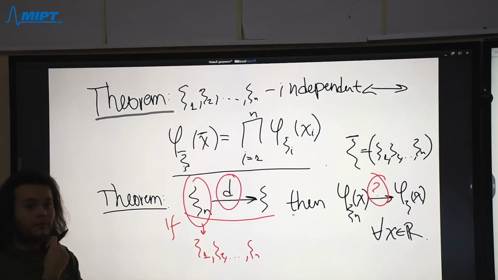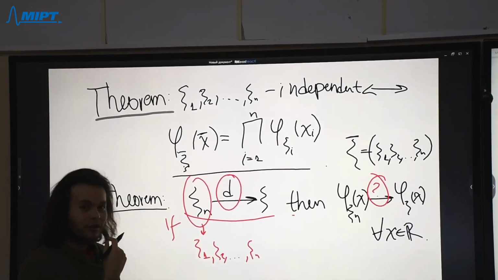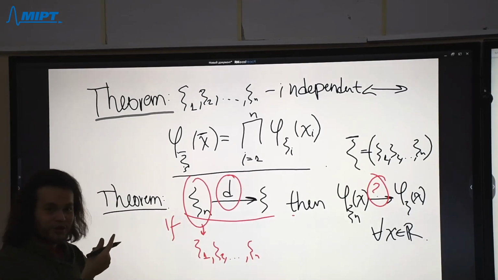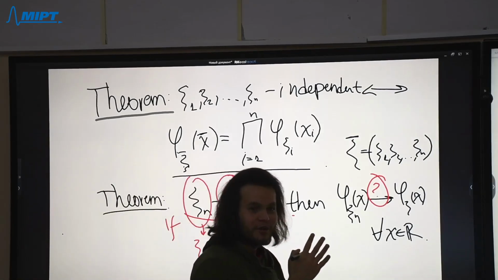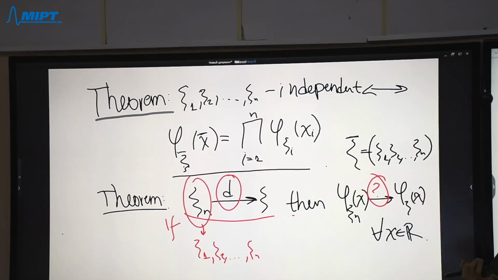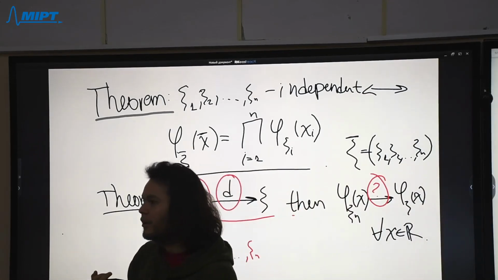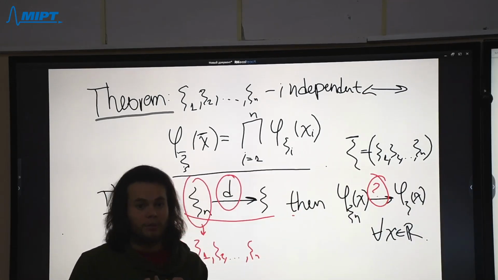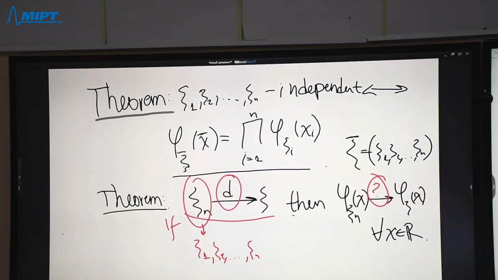Convergence in distribution means, let's remember, there are 4 different types of convergence. We only know 3: in distribution, almost surely, and in probability. This is just one of these.